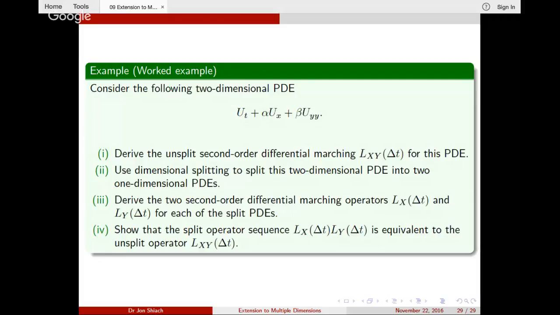So the operator in the x direction is this. And that's followed by, so it's going to be multiplied by the operator which we just had a look at in the y direction.